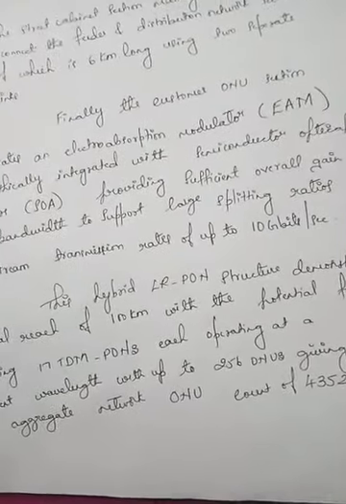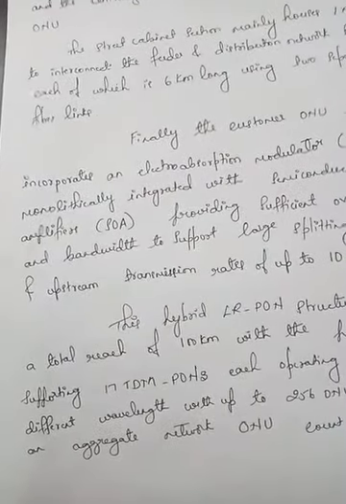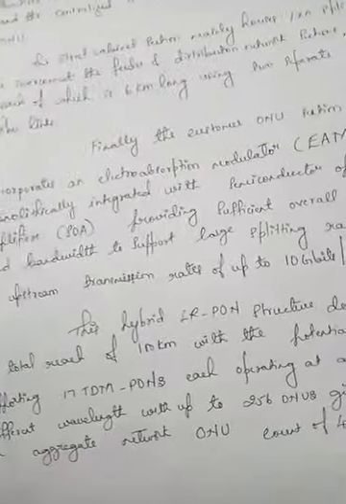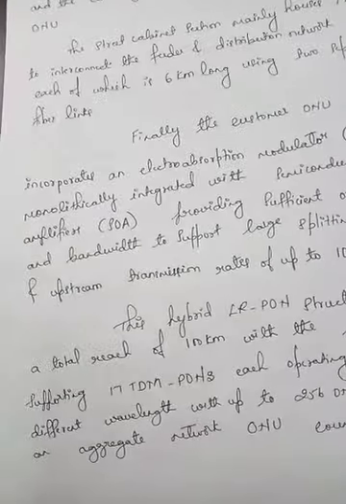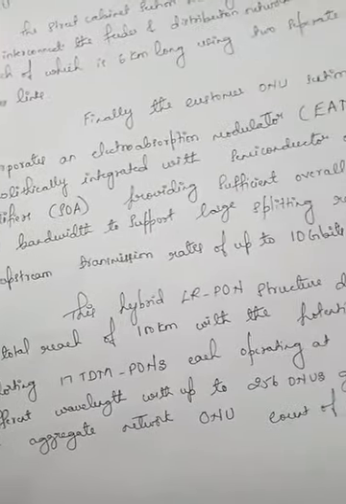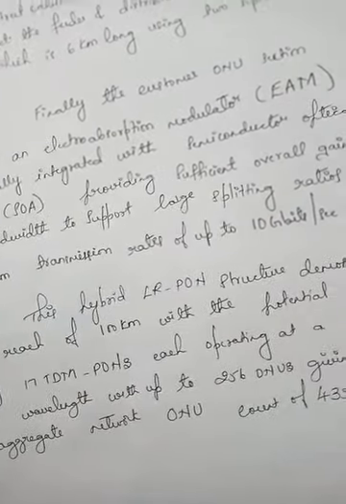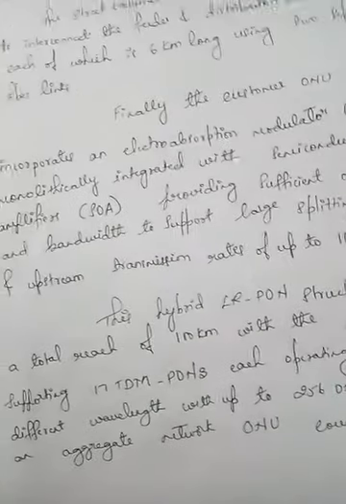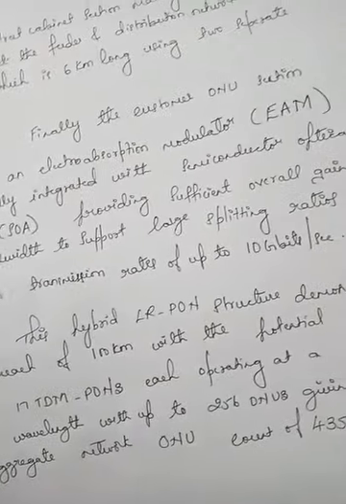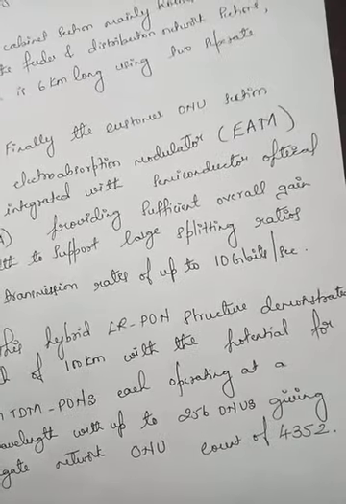So this hybrid LRPON structure demonstrated will have a total reach of 100 kilometers with the potential for supporting 17 TDM PONs, each operating at a different wavelength with up to 256 ONUs, giving an aggregate network ONU count of 4,352.